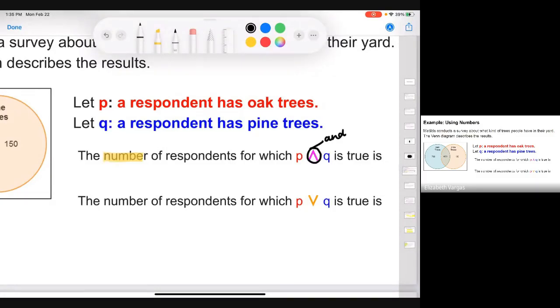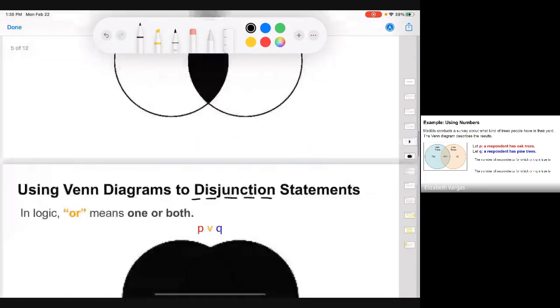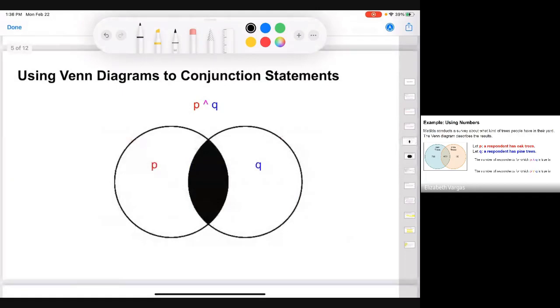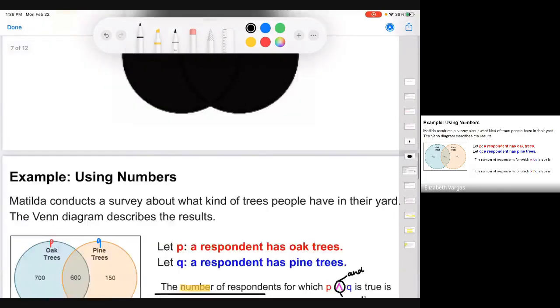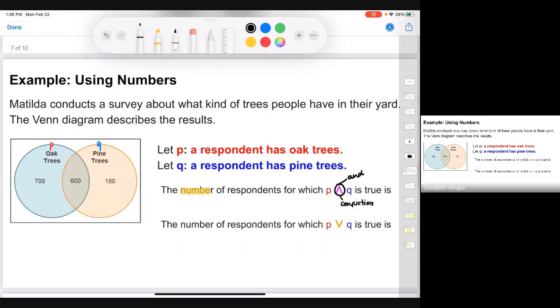That is our conjunction. And what we learned is our conjunction is represented by the center part of that Venn diagram. So we'll look at the center, and what we can see there is 600 is located in the center. So the number of respondents would be 600.